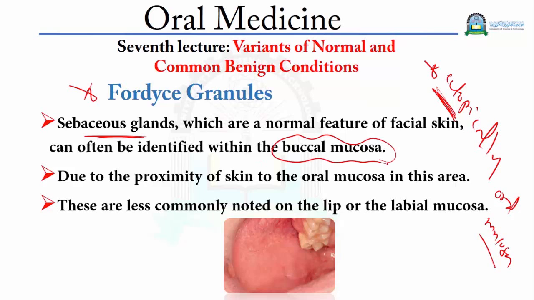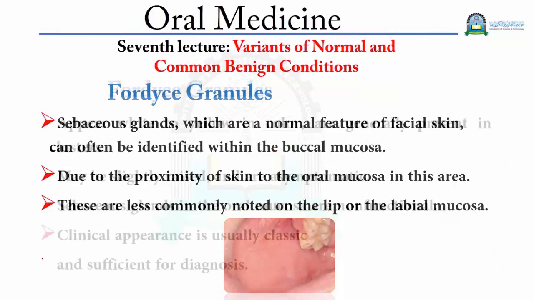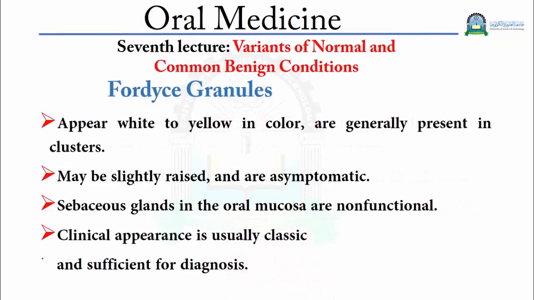They are less commonly noted in the lip or the labial mucosa. Clinically it is presented as a white, yellowish color, generally presented as clusters in the buccal mucosa, the most common site, may be slightly raised, and it is also asymptomatic, so the patient doesn't complain of any other symptoms.